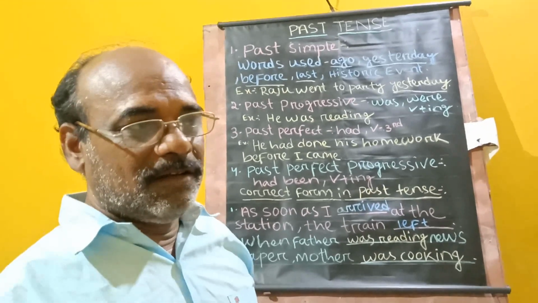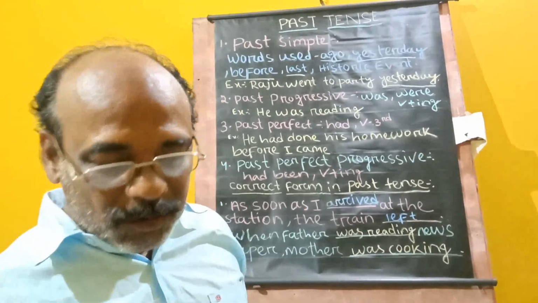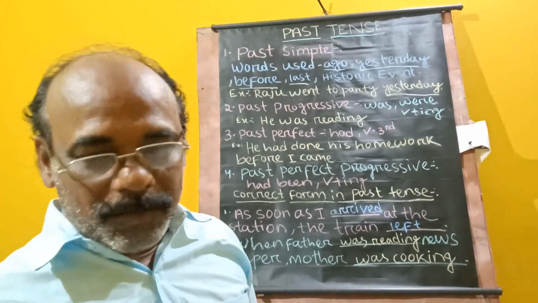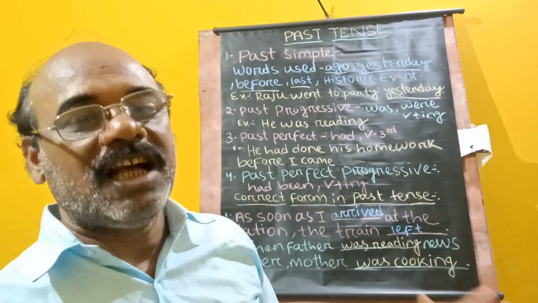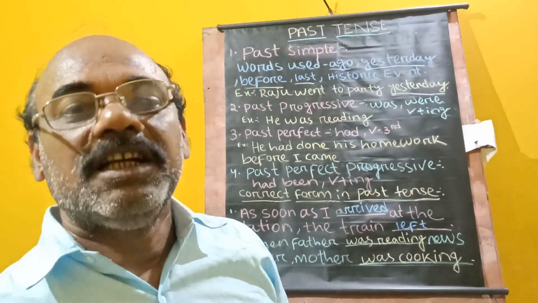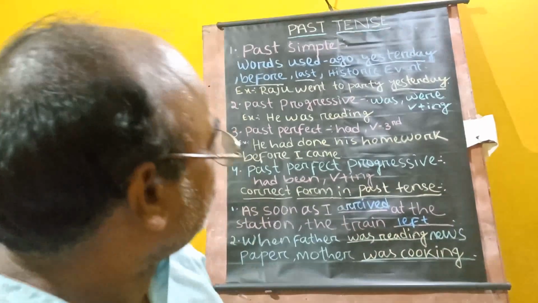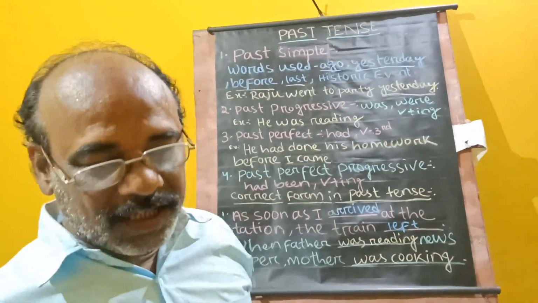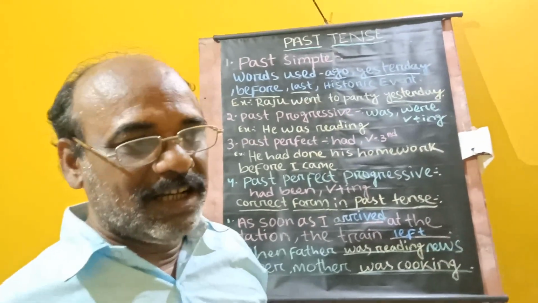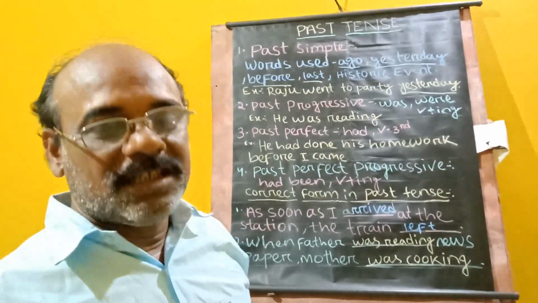Suppose something happened in the past compared to the present time, then this action is put in the past progressive form. He was reading yesterday at this time.